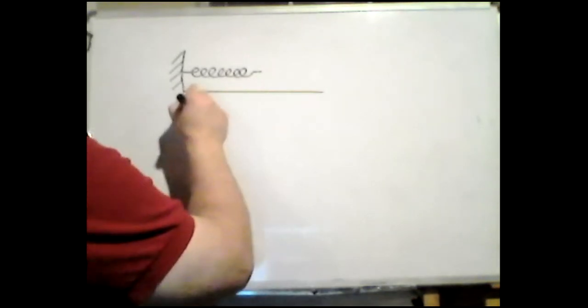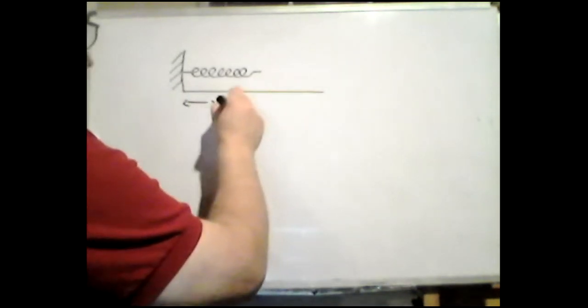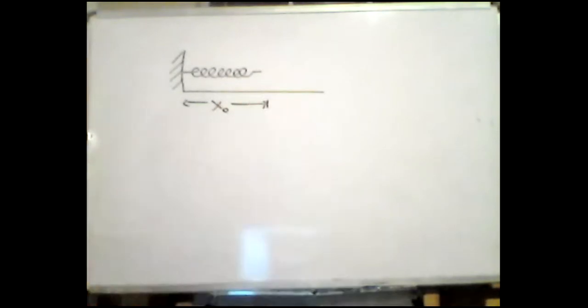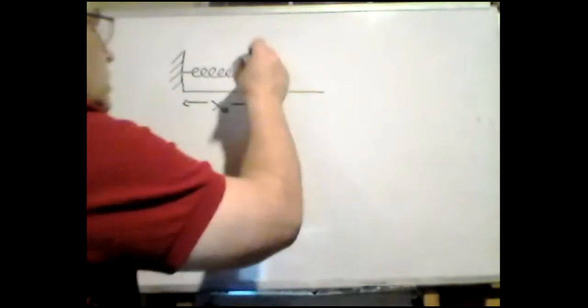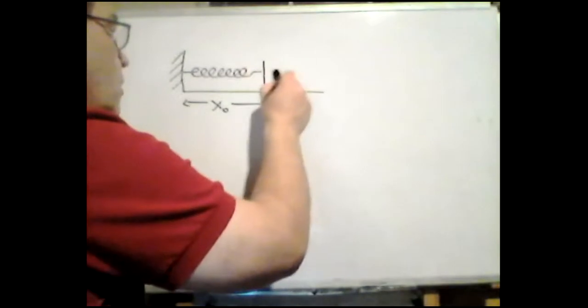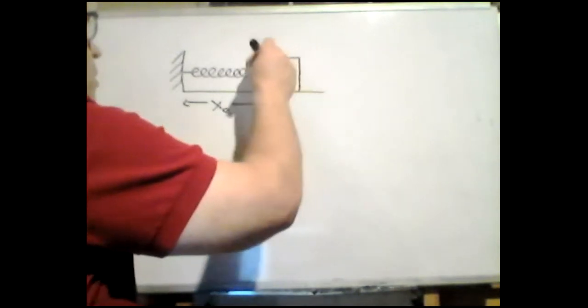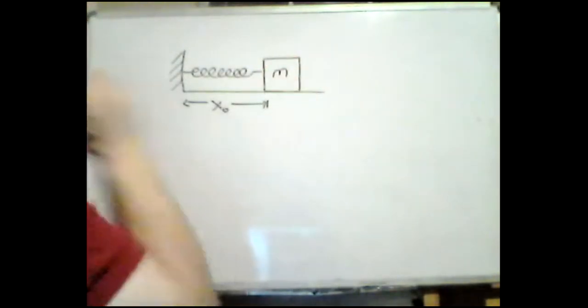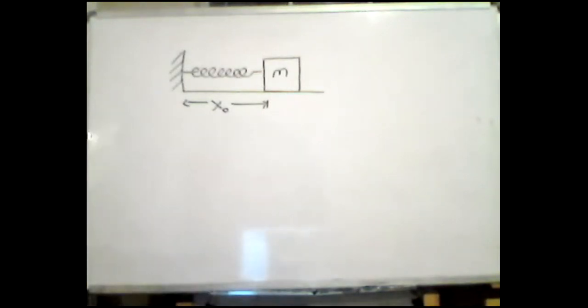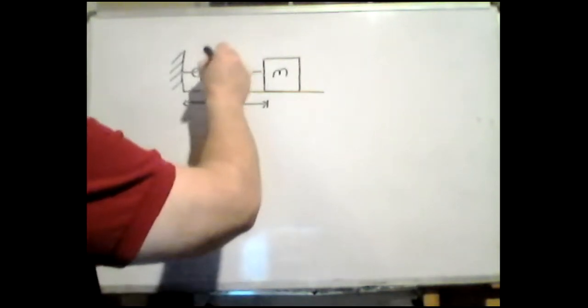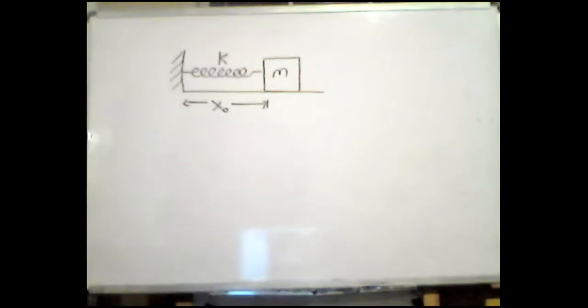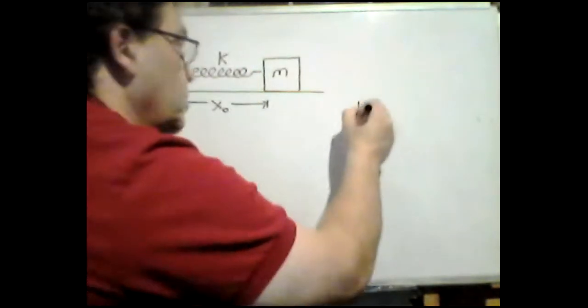It has a natural length L naught, or we'll say X naught. That's its natural length. Then we'll attach a mass M to it. Now, the spring is going to have what we call a special constant K. K is referred to as the spring constant.